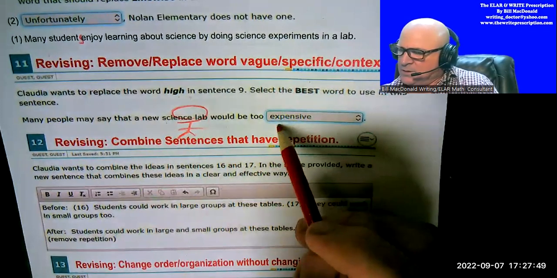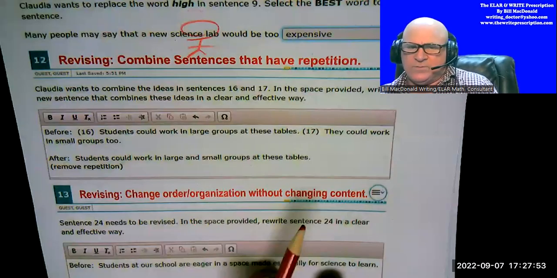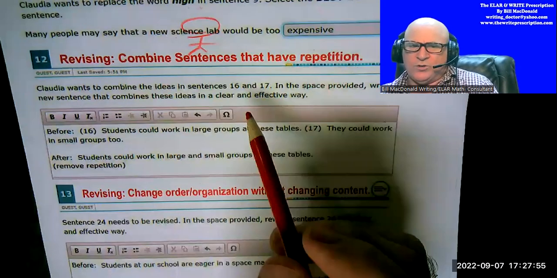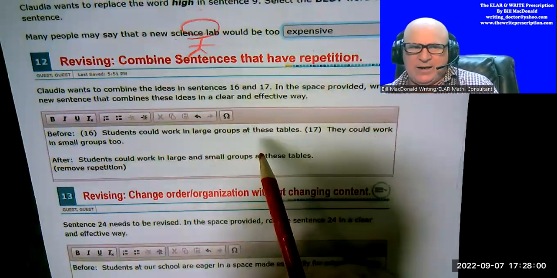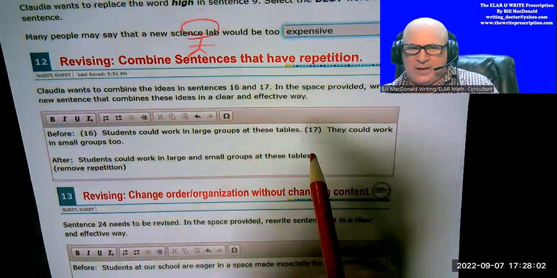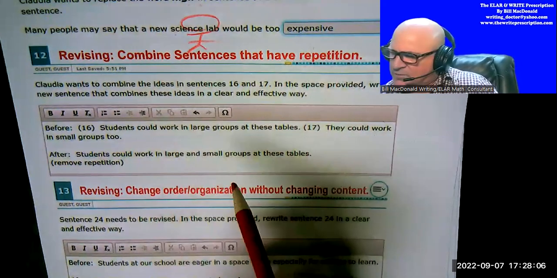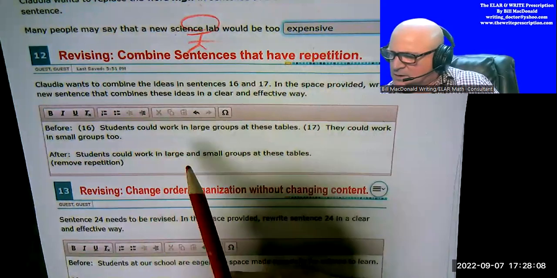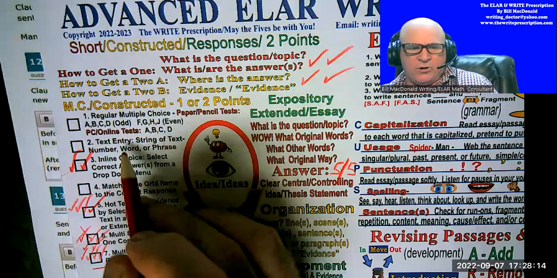Okay. Next one, combining sentences. So this is open-ended, where your students have to write a word, a phrase, or a sentence. If you look over here, it's got right here, text entry. I need a string of text, a number, a word, or a phrase.